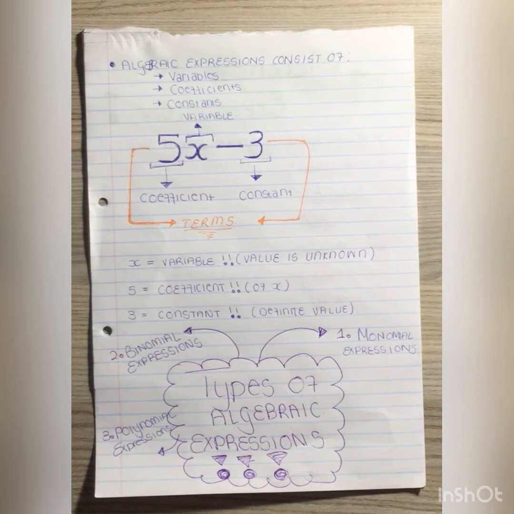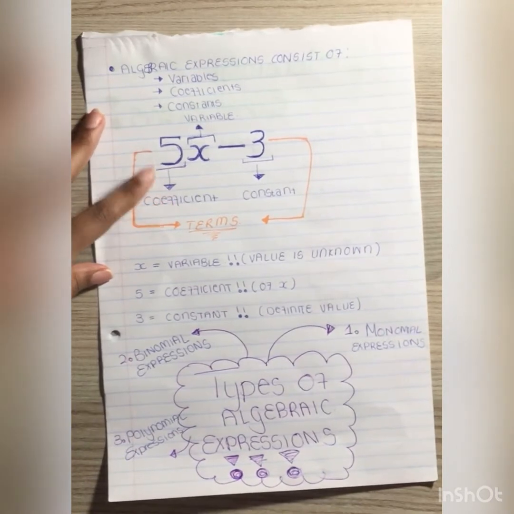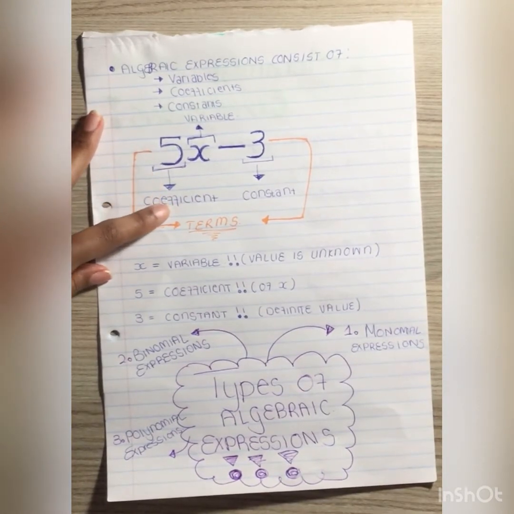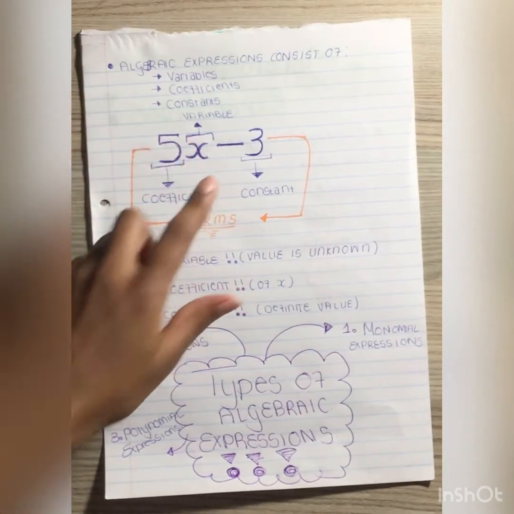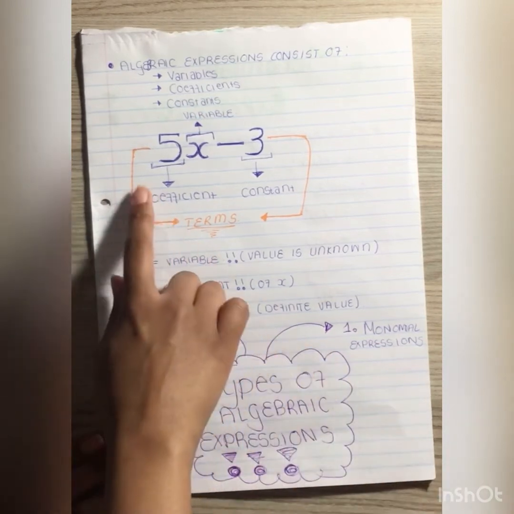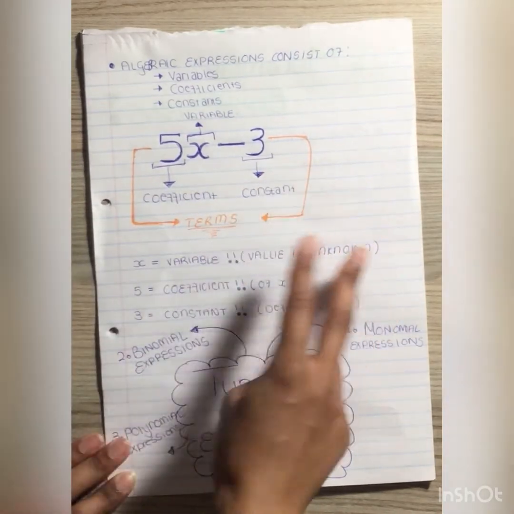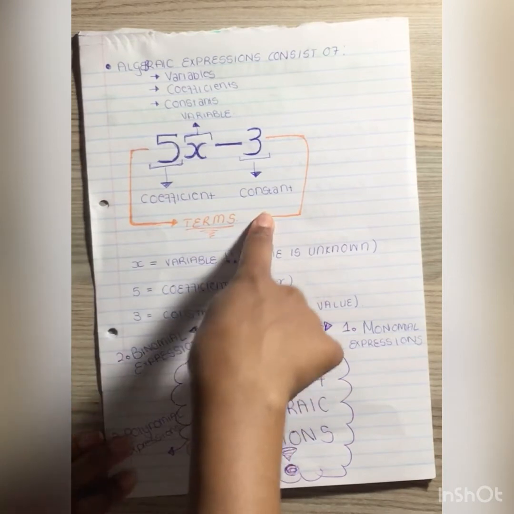As you can see, we have 5x minus 3. 5 is known as the coefficient, x is the variable, minus is the algebraic operation, and 3 is the constant. This expression consists of two terms, 5x and 3.